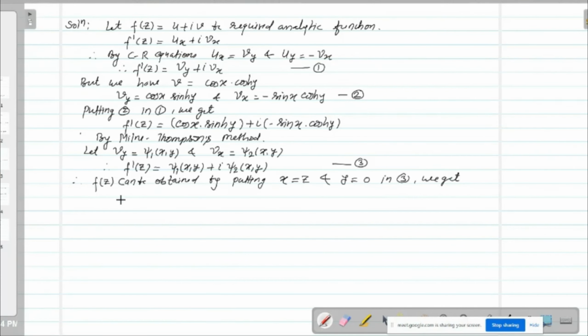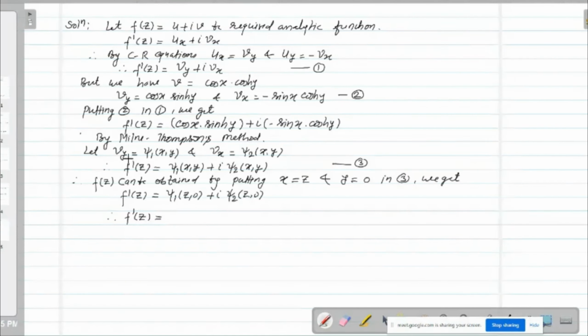We get f dash of z equal to psi 1 of z comma 0 plus i times psi 2 of z comma 0. So from this we have f dash of z equal to psi 1, which is a function of z only.